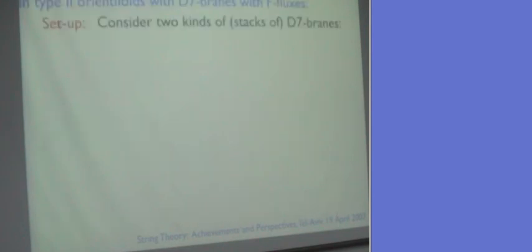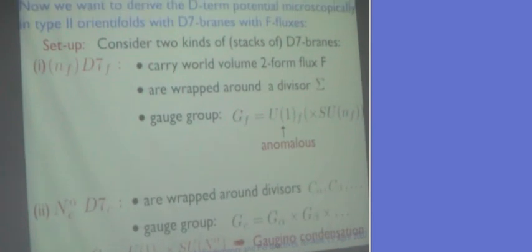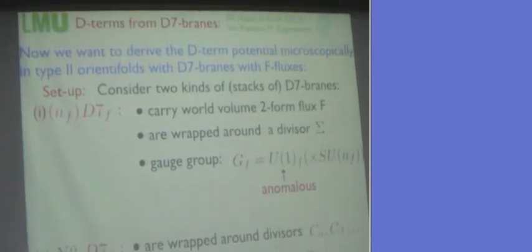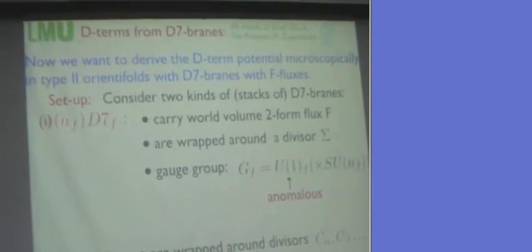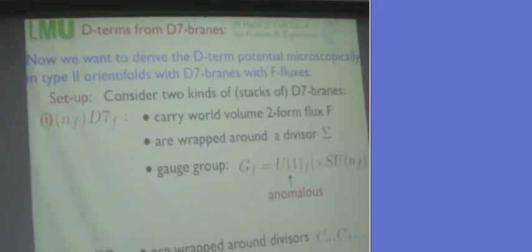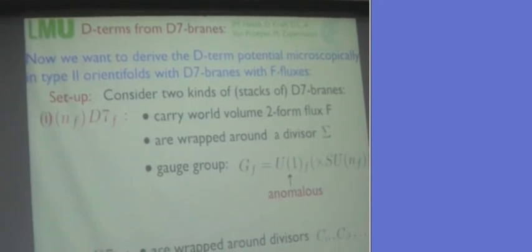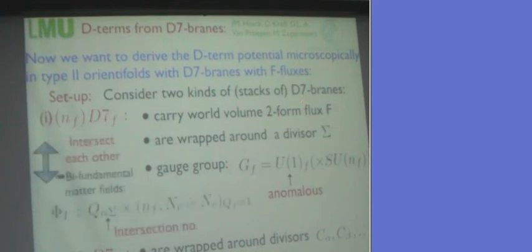So since time is running short, I want only to indicate very briefly how this is now realized in string theory. In type I strings, this is essentially realized by the very same setup as we had before, namely we have two stacks of space-filling branes. I now switch for some reason from type IIA to type IIB, so we are discussing the 7-branes which intersect each other.